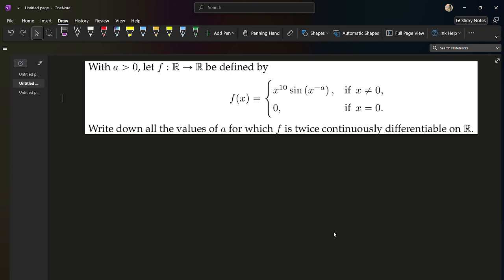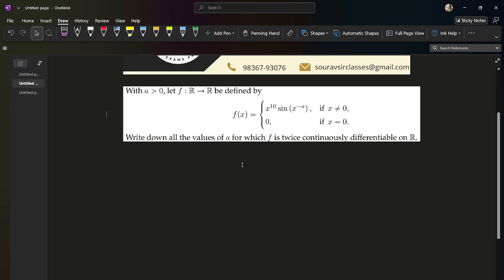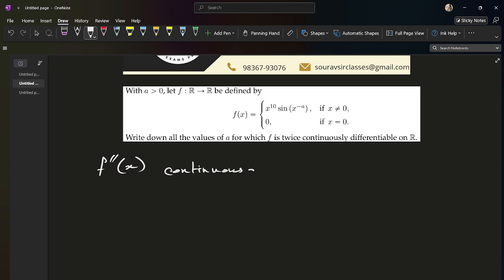So our f double dash x, the question gave us that f is twice continuously differentiable. So our f double dash x has to be continuous on R. Okay, so after that what can be done here? We have to find f dash x, that means the derivative of f(x) with respect to x.